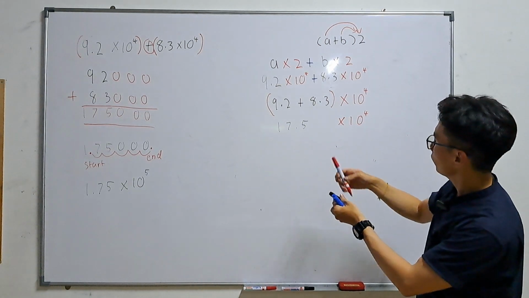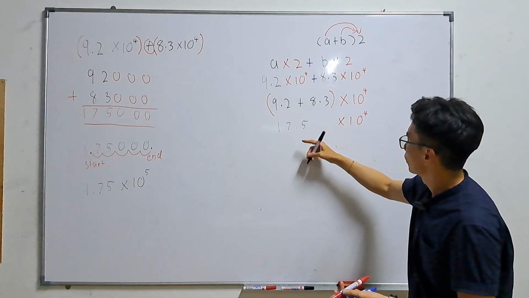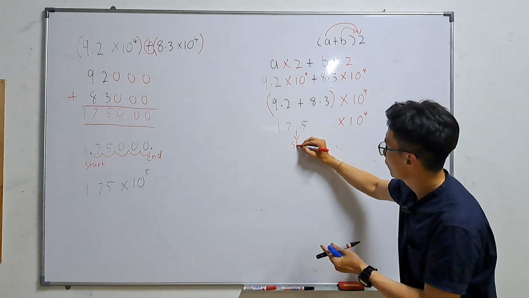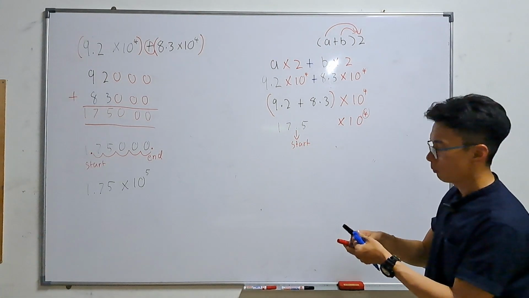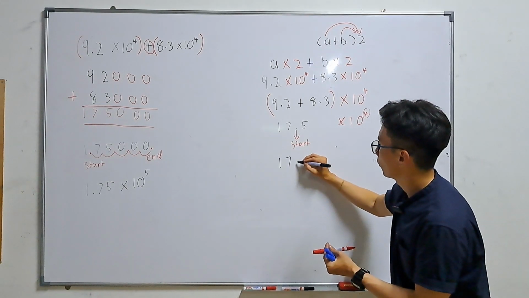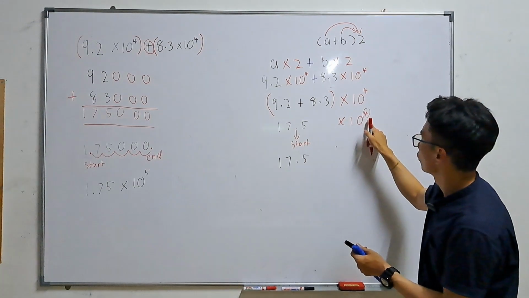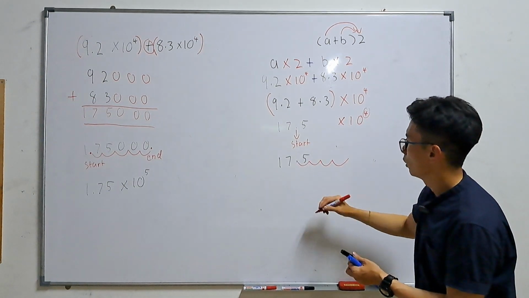Now, over here, what do I do next? I would like to play safe. So this is my starting point over here. And I'm power of 4, so I know I have to jump to the right hand side. So 17.5 over here, I will jump 4. So 1, 2, 3, 4.